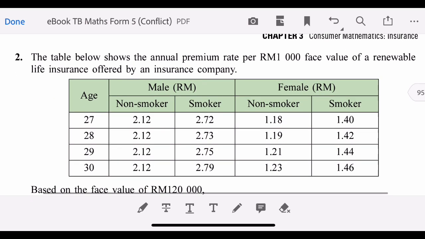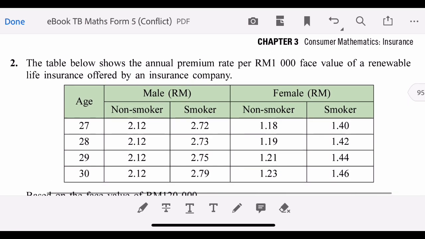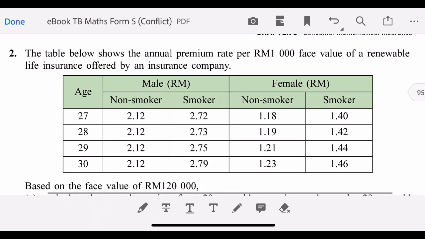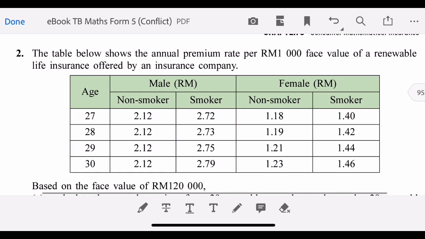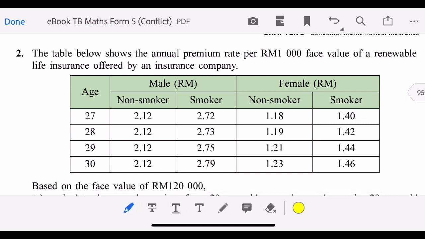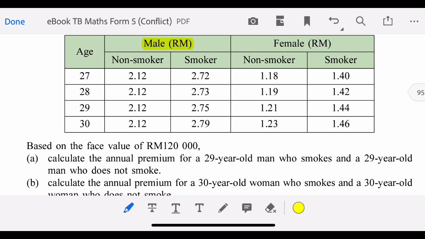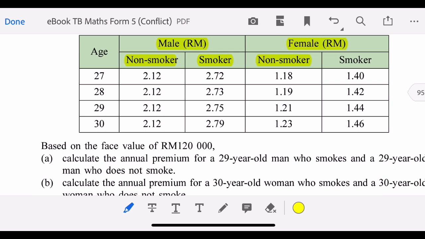Alright, for question number 2, the table below shows the annual premium rate per 1,000 face value for a renewable life insurance offered by the insurance company. The table shows male and female, non-smoker and smoker, and the age.